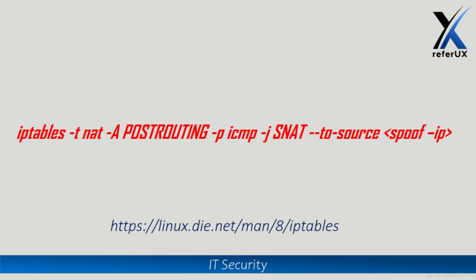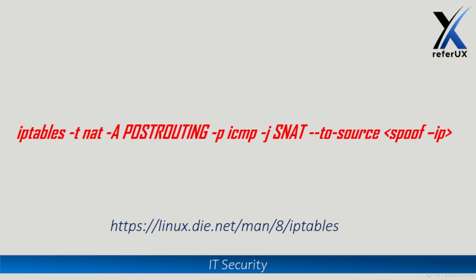So that is all about the command, and -A represents appending, that is adding this command. If you want to delete the command, you can simply use capital -D in order to remove this particular command from iptables. So that is how the spoofing IP address command in iptables works.